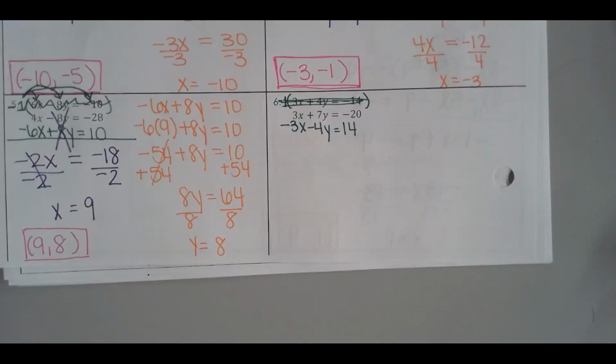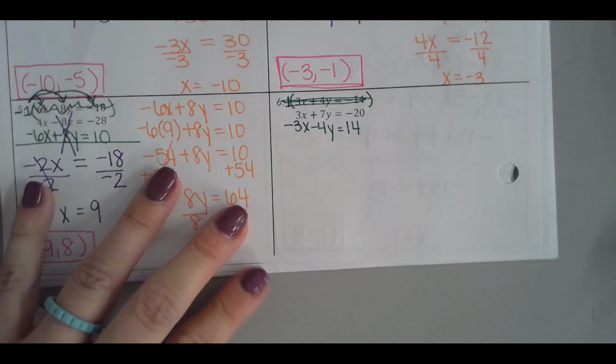Now, I am marking out that top equation. I would be careful. You still need to be sure, in case you've made a mistake somewhere. It might help me to go back and look.